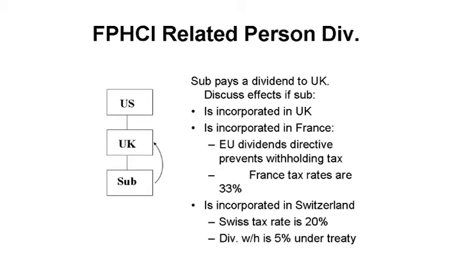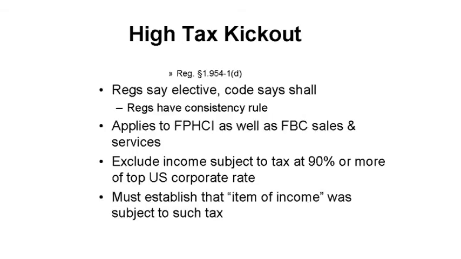The corporate tax rate in France is 33%. Thus, none of the French sub's income is Subpart F income under the high tax exception, regardless of what sort of income it is. The income is also not passive.